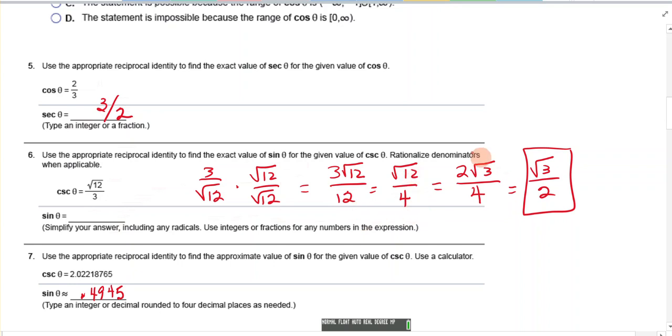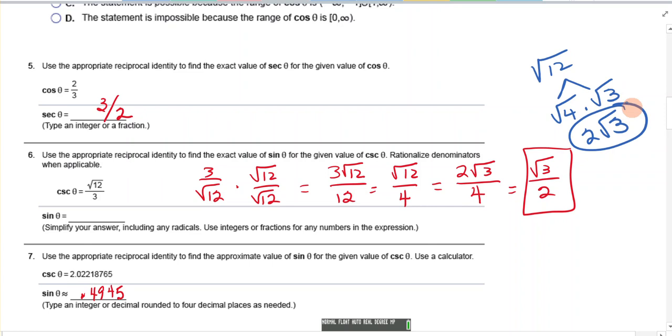Now, where did I get this 2 square roots of 3? Well, if we go over here and look at square root of 12, that's equal to the square root of 4 times the square root of 3. Square root of 4 is 2, so 2 square roots of 3, so that is more simplifying. When we do that, then this 2 and this 4 can simplify, and you just have 2 on the bottom.